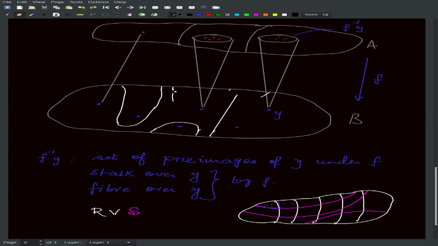What is the idea of partition? You are saying in some sense, as I said, this idea of gluing. So when you are saying that these elements are in some sense the same, what is that sense? You have told they have the same f value, right? So apart from the set B, you have given me some extra information.